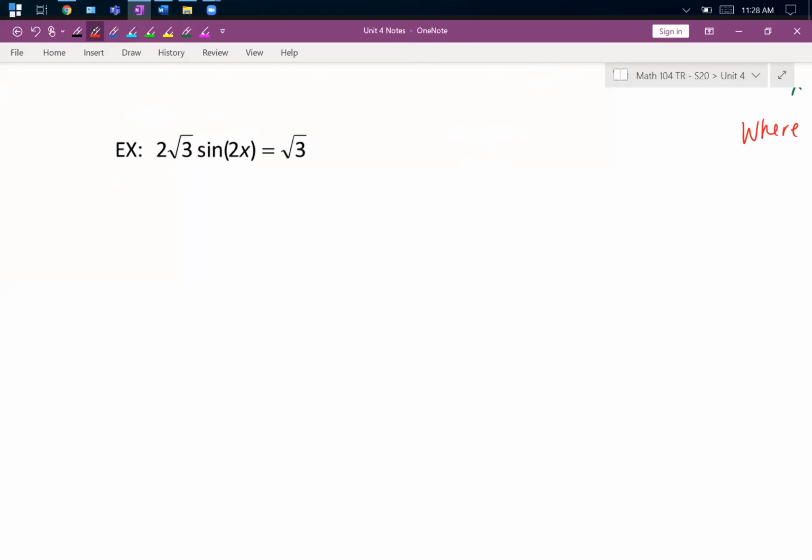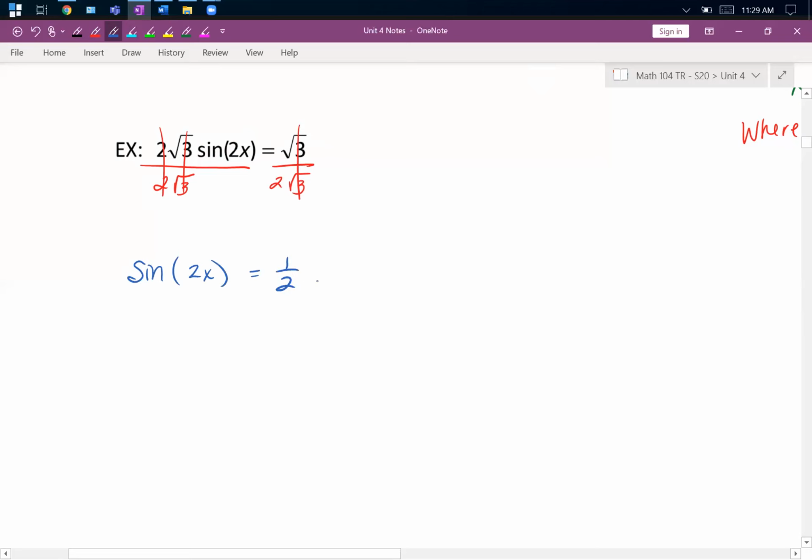So instead of substituting in 2 sine cosine, I'm going to isolate the sine of 2x. I'm actually going to write out the division because it's all these radicals. I don't want to make a mistake. So we're going to get sine of 2x equal to 1/2.